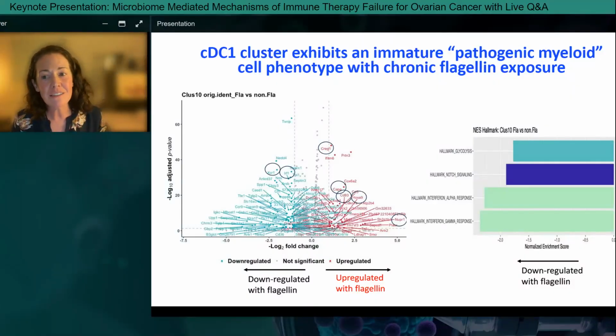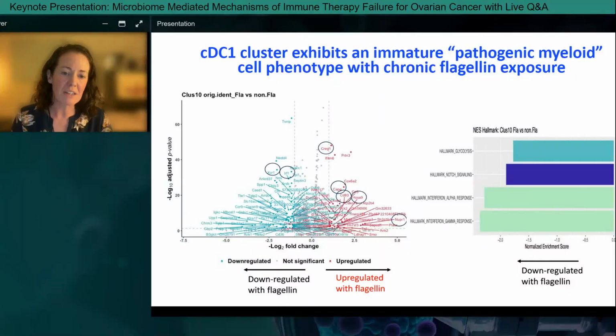And so altogether, these data suggest that chronic TLR5 exposure is not only expanding a stressed, metabolically and functionally impaired myeloid population, but within these cross-presenting dendritic cells, they're also exhibiting evidence of being functionally deficient.